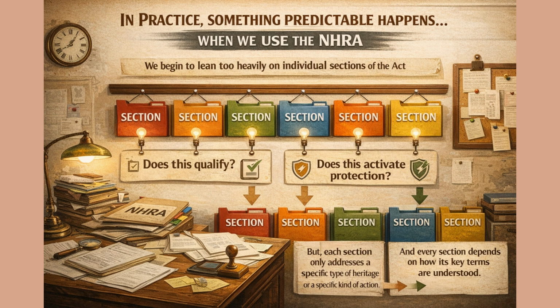But each section only addresses a specific type of heritage or a specific kind of action. And every section depends on how its key terms are understood. And this is where things start to go wrong.